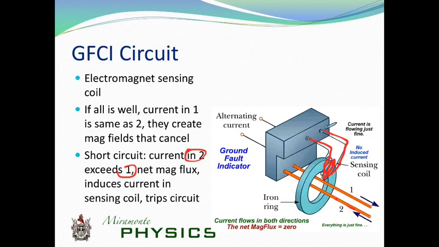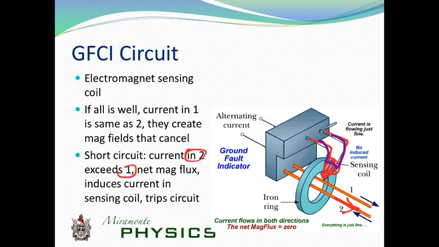When you have a differential in the two currents, then, well, right now when they're even, the magnetic field by these two different circuits basically balance each other out and cancel out. But when they become uneven, then let's say you have a really strong current going this way and none going the other way, you're going to set up a magnetic field in the vicinity of this coil. And the magnetic field that changes near this coil is going to induce a current that goes through here and it gets a little circuit running.